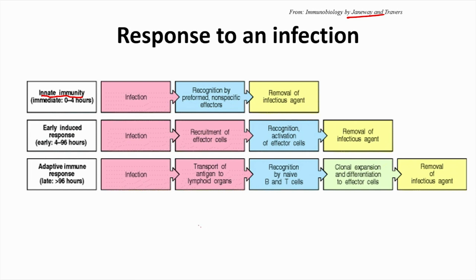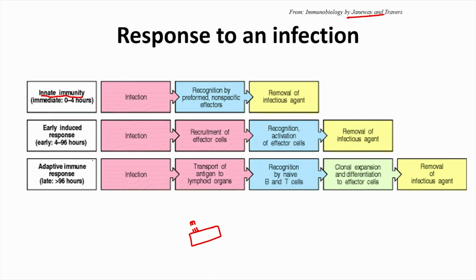Let us say there is a bacteria and it has a certain pattern to it. Our body already has some molecules that are going to bind to this pattern, and that immediately gets activated, because the moment they detect this pattern, the immune system acts up and starts to eradicate this pathogen. So, this was something that was already present.